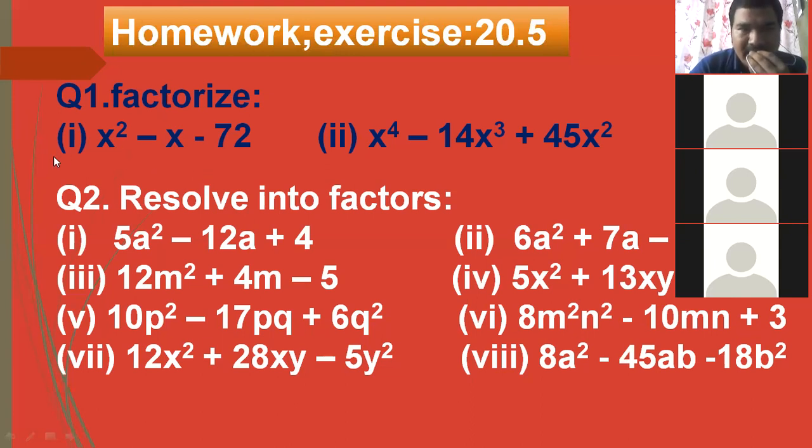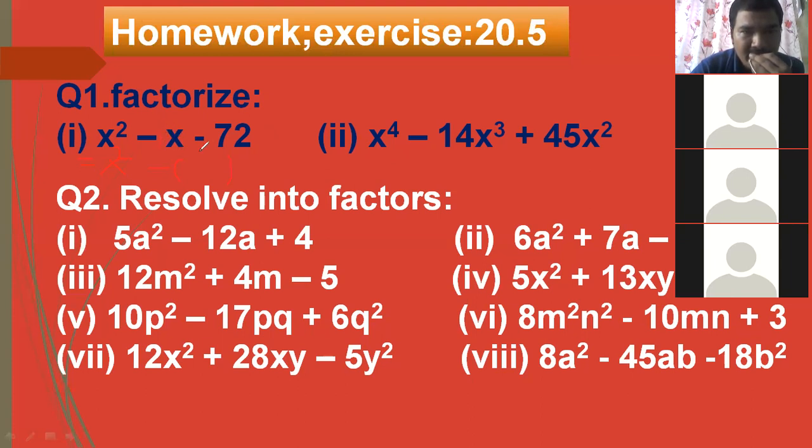Can you do this, number one, number I? Yes, sir. Prozul, tell what will you do? First we will multiply the coefficient of the last term and the first term. Now tell, what will be the middle one? Middle one is 1.